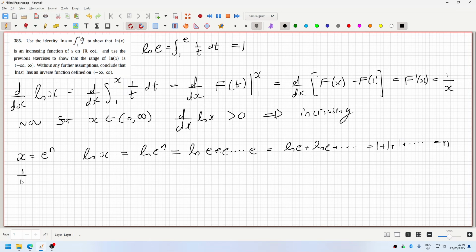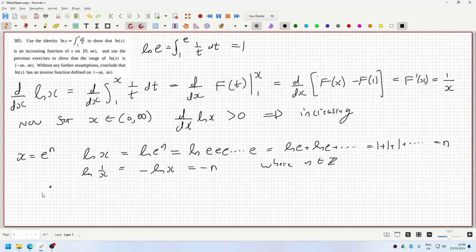And likewise, sorry, we've shown that log 1 over x equals minus log x, so that would equal minus n, where n is any integer.